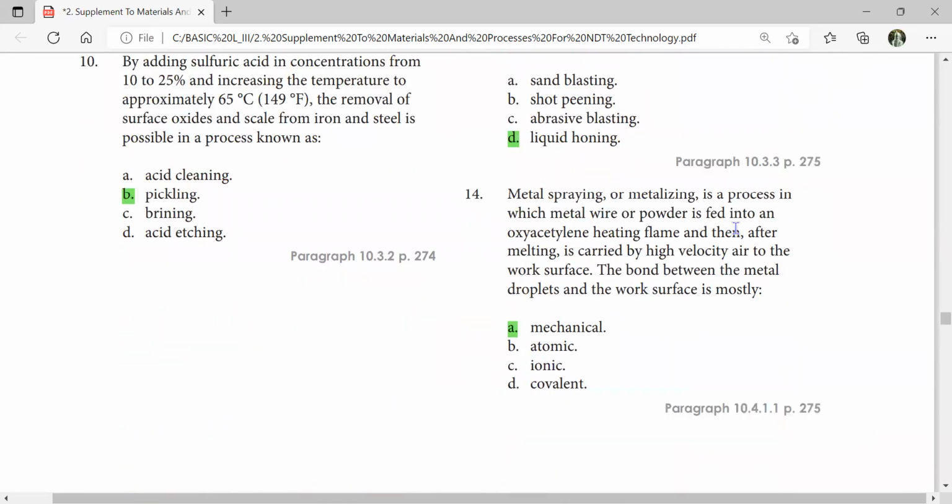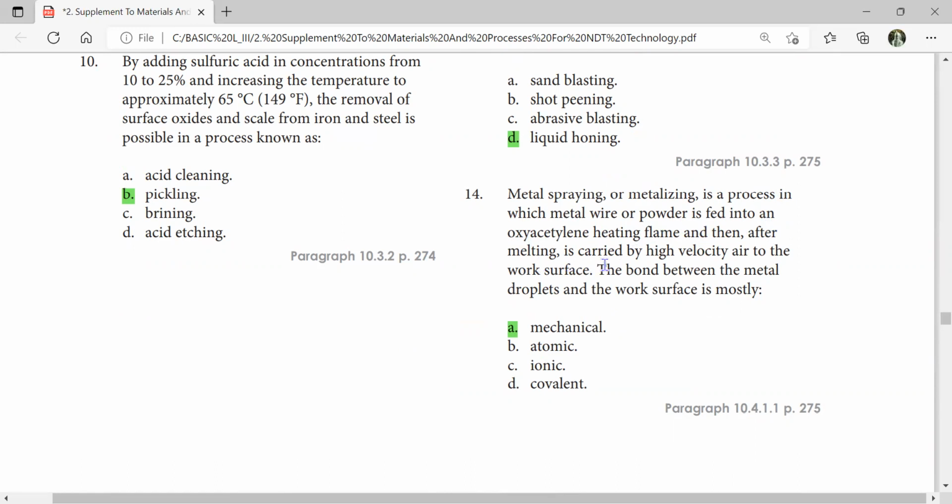Metal spraying, metallizing, is a process in which metal wire or powder is fed into an oxyacetylene heating flame.